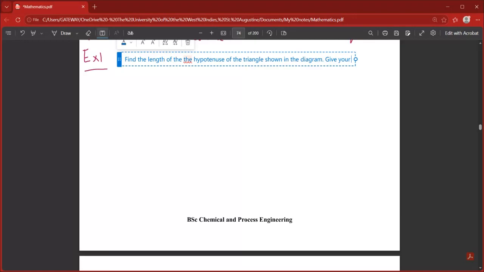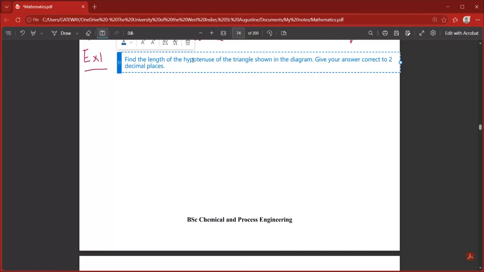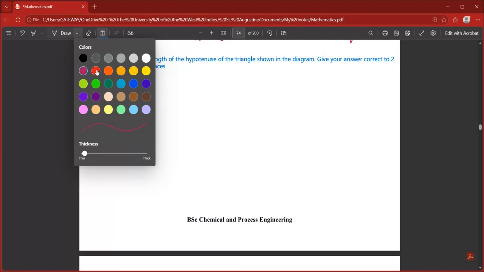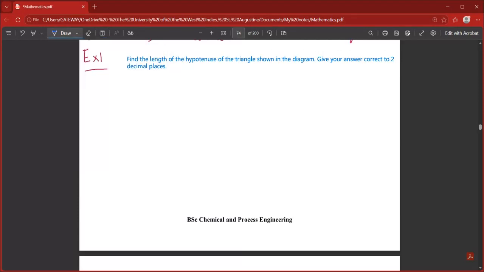Give your answer correct to two decimal places. So let's say we have this triangle here.